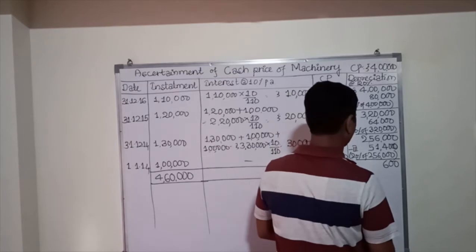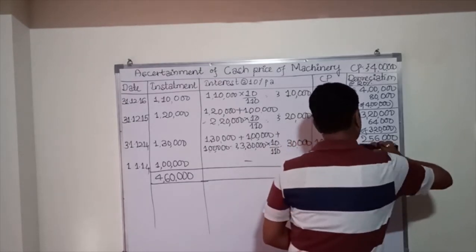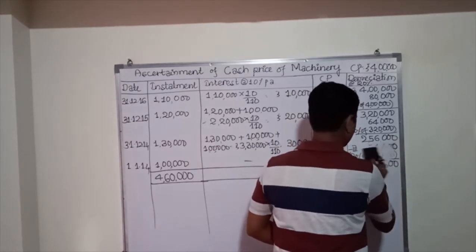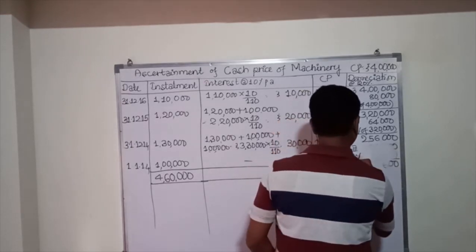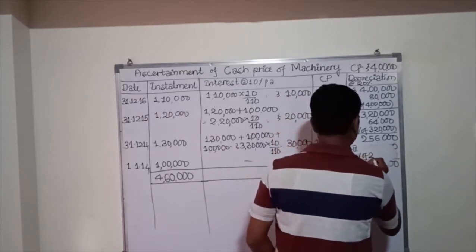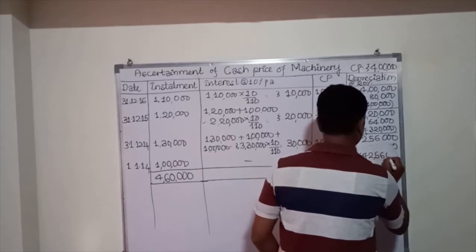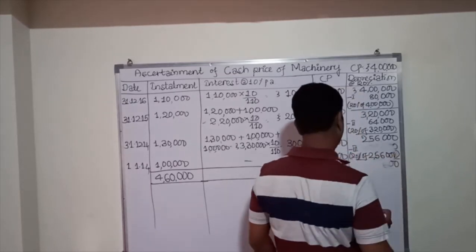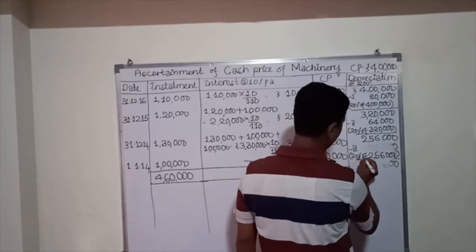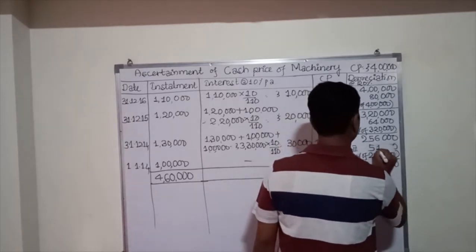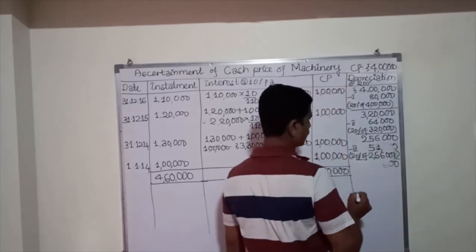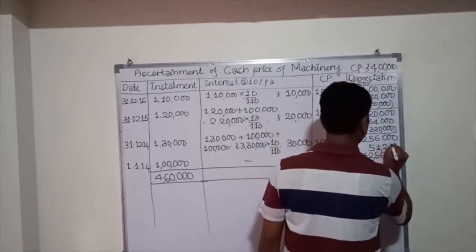So 20% of 2,56,000. When we calculate here, 5 5s are 25, 5 1s are 5, so 10, 5 2s are.